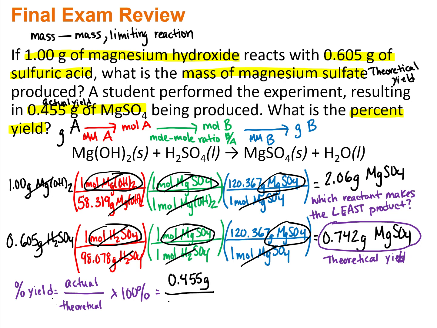The theoretical yield is what we just calculated, 0.742 grams. Multiply that by 100. 61.3% is your percent yield.